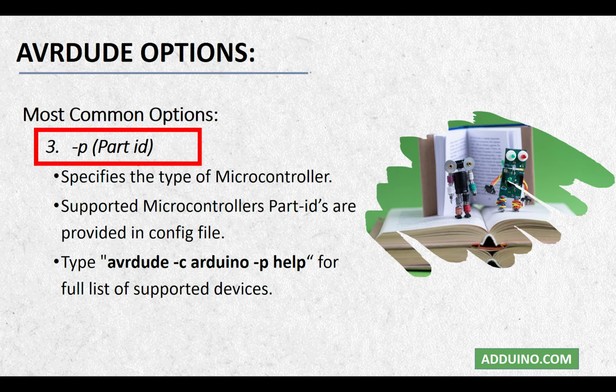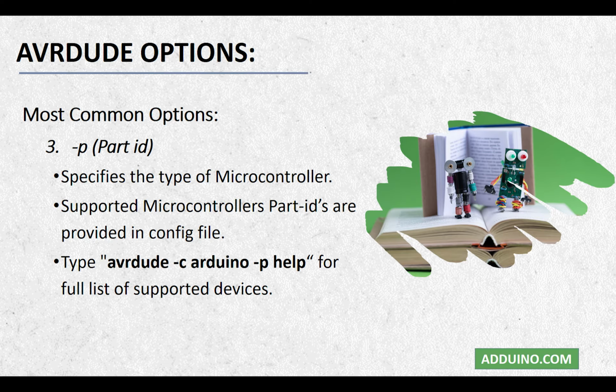-p tells AVRDUDE about the type of microcontroller that is connected to the programmer. Its parameter must be the part ID listed in the configuration file. I have provided the part ID of the commonly used microcontrollers on Arduino.com. You can go to this page using the link provided in the description below.